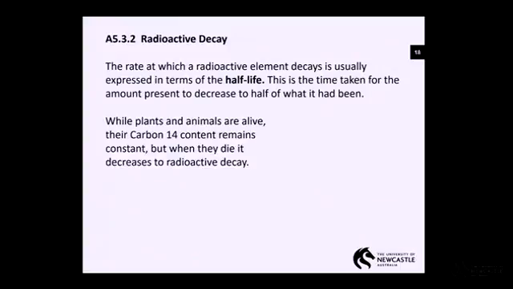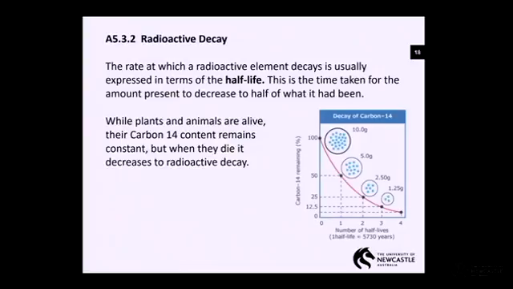So this is basically saying about carbon-14, and it's just showing you that on this particular diagram it says number of half-lives. The half-life for this particular element is 5,730 years. So for that particular one called carbon-14, it takes 5,730 years to go from whatever you have in your hand to half of what it was.